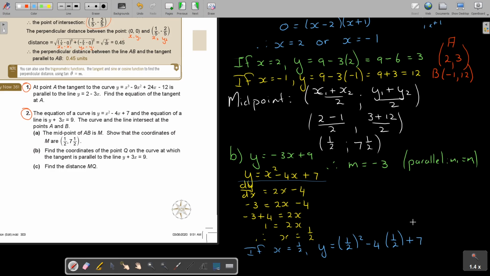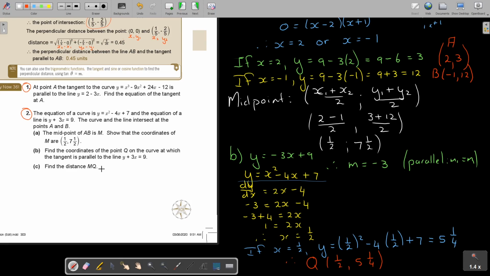And if you press that in, you're going to get 1/4 minus 2 plus 7, 5 1/4. So therefore, what is the value of q? The value of q is a half and 5 1/4. Okay, and then find the distance MQ.